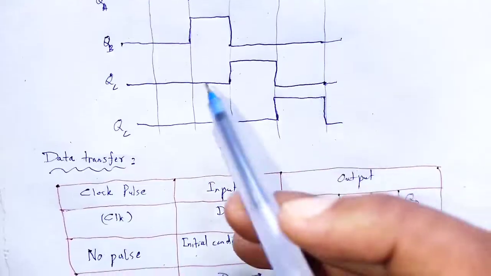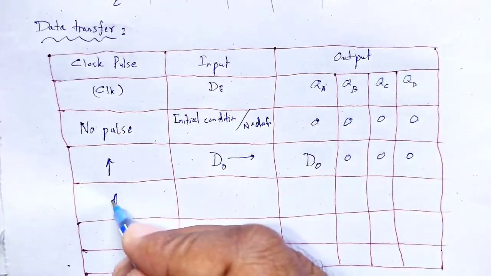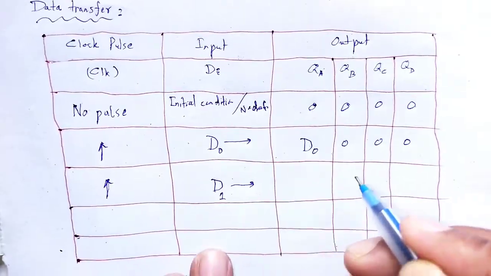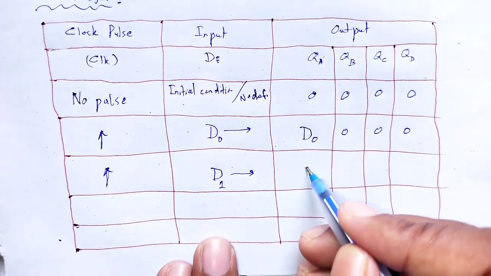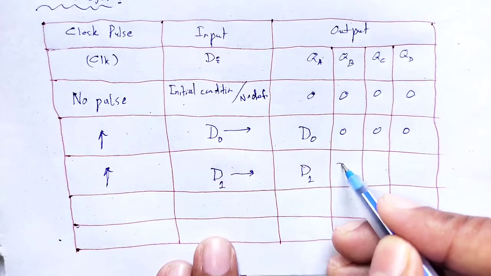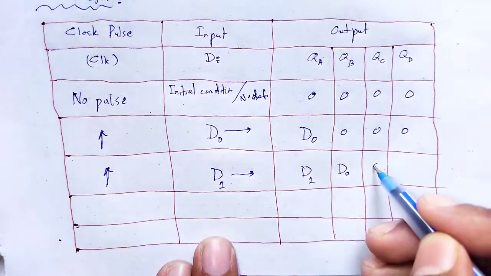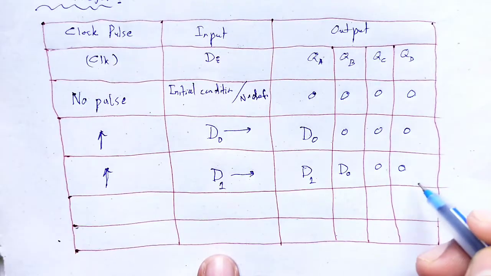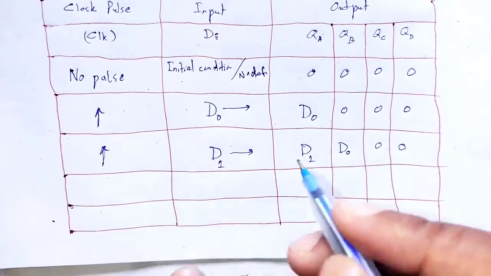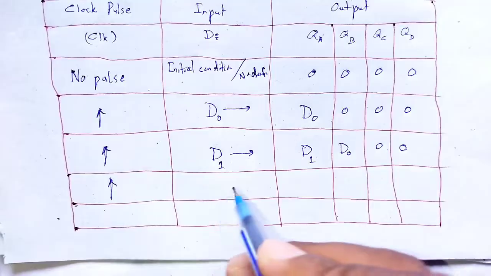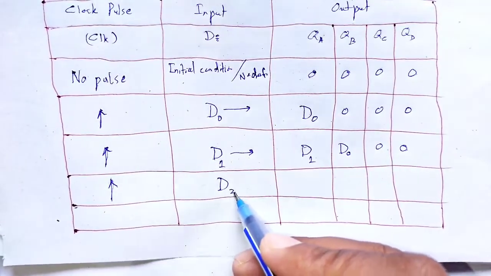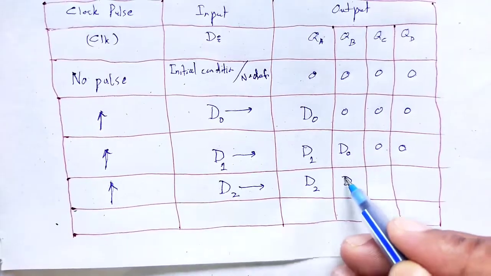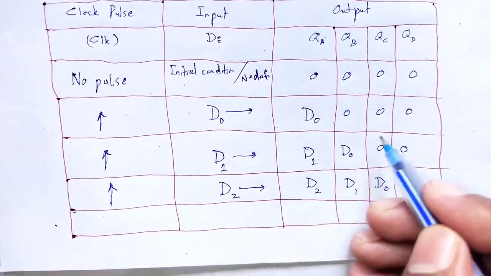Next pulse is applied, input D1, the shifting gives D1 D0, and QC and QD are 0. Next pulse is applied, input D2, here D2 D1 D0, it is the shifting.